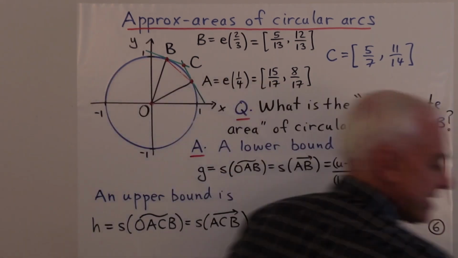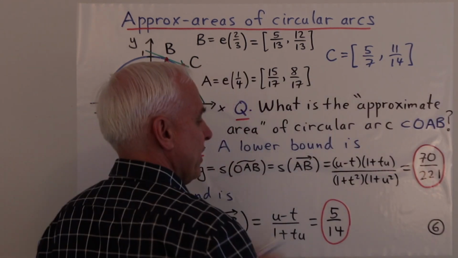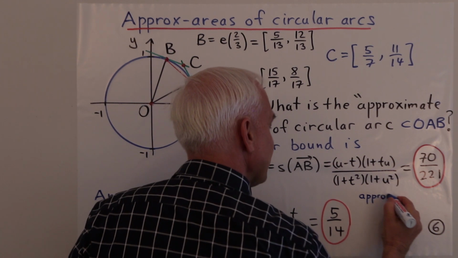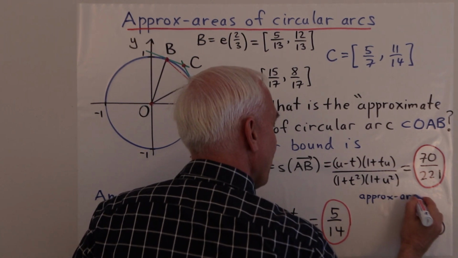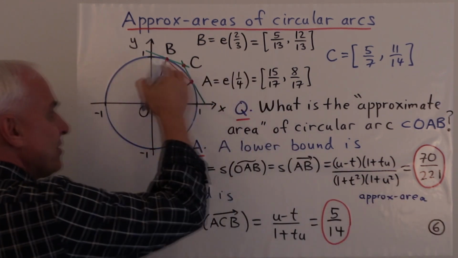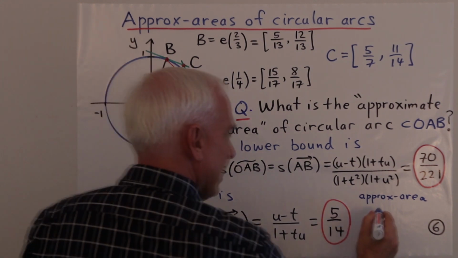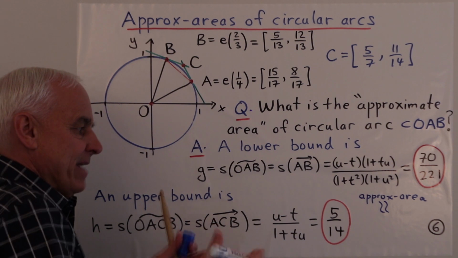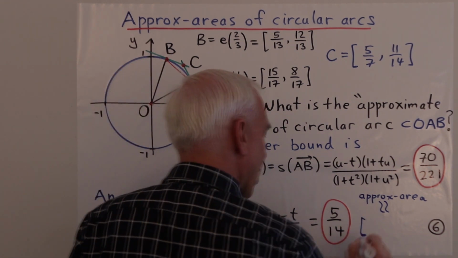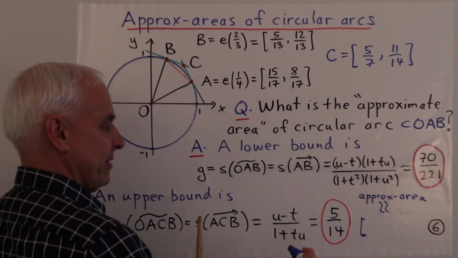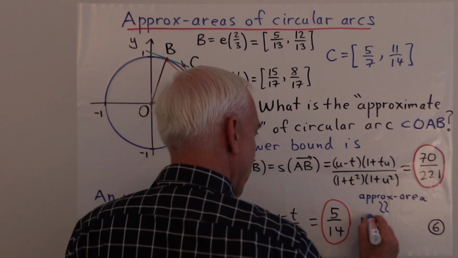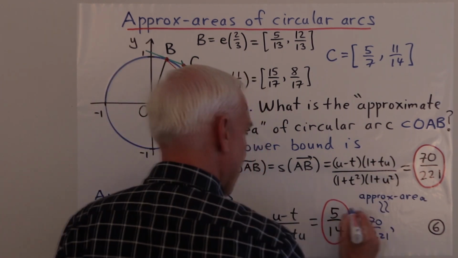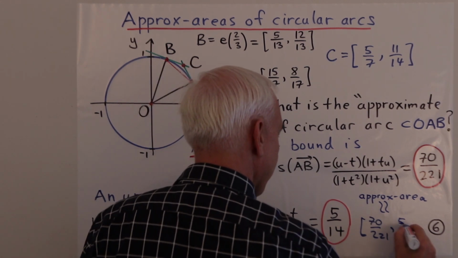So we can now say that the approximate area of this circular arc is, well, we can't say it's exactly a number, but we can at least ascribe a certain interval to it. The interval between our lower bound, which is 70 over 221, and this upper bound, which is 5/14.